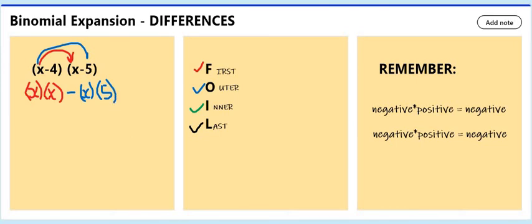Now, we're going to do our inner terms based on the FOIL method. Here, we have a minus sign in front of this 4, so we will consider it as negative. We have a positive x.